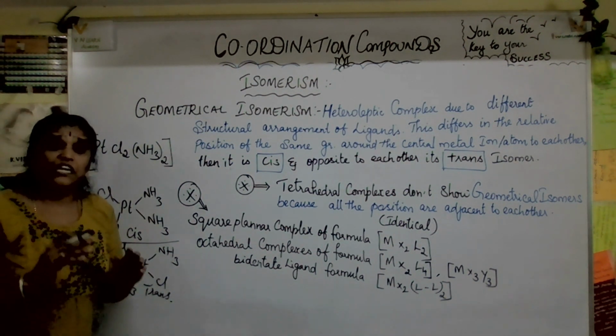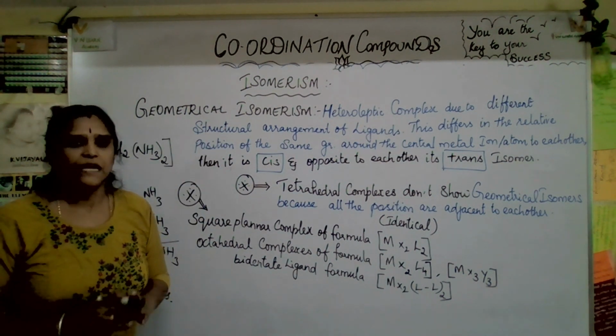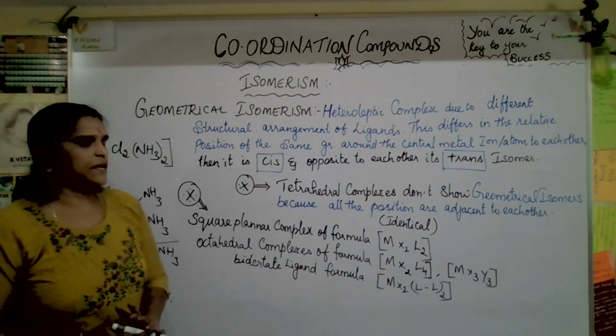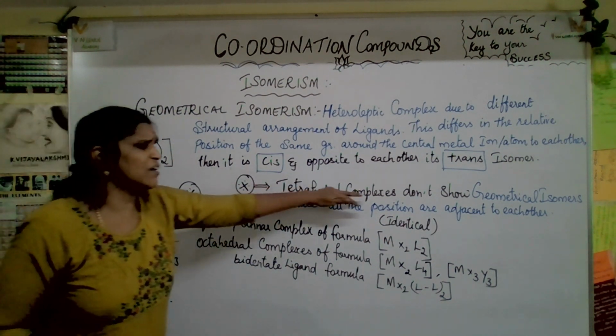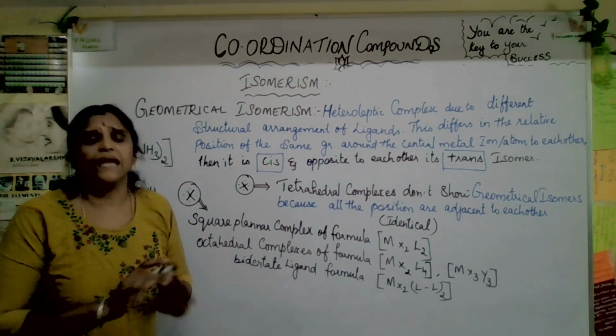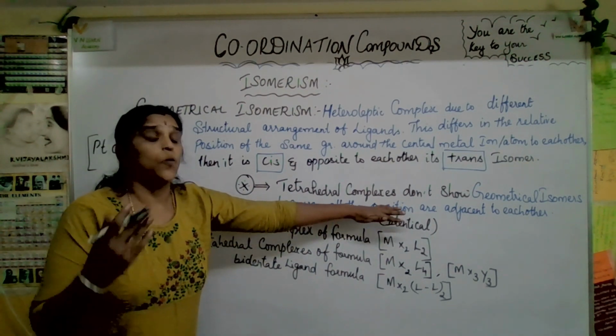Which complexes are possible for geometrical isomers? Let us learn. First and foremost, which is not possible, let us finish it. Tetrahedral complexes do not show geometrical isomers. Why?